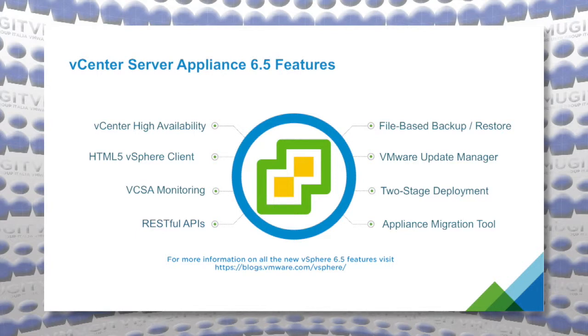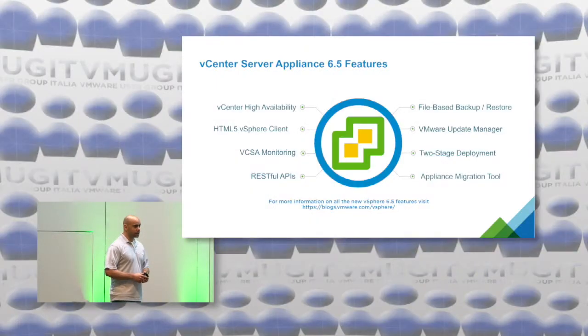When we talk about features, like I said, in 6.5, the vCenter Server Appliance just kind of exploded with a bunch of new features. Native high availability, the VCSA VAMI is now full of features that show you what's going on with the appliance. We'll talk about those in a little bit. The REST APIs, so now you can programmatically go in and get more information from the appliance.